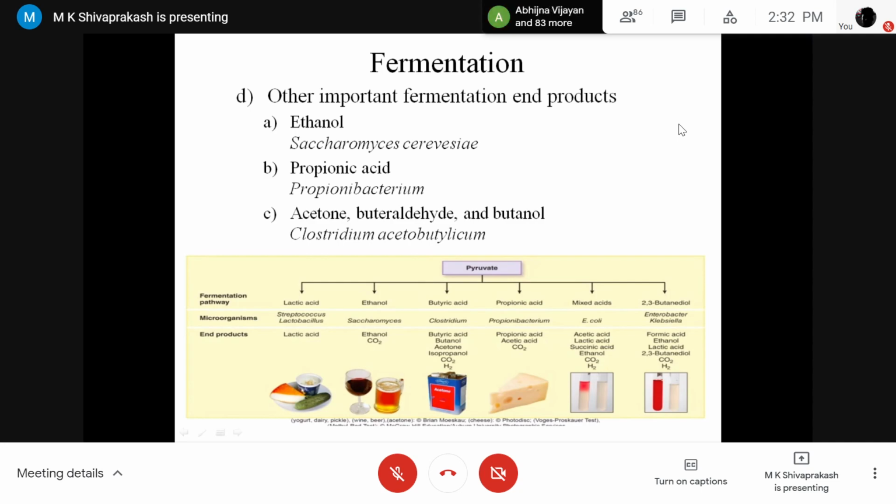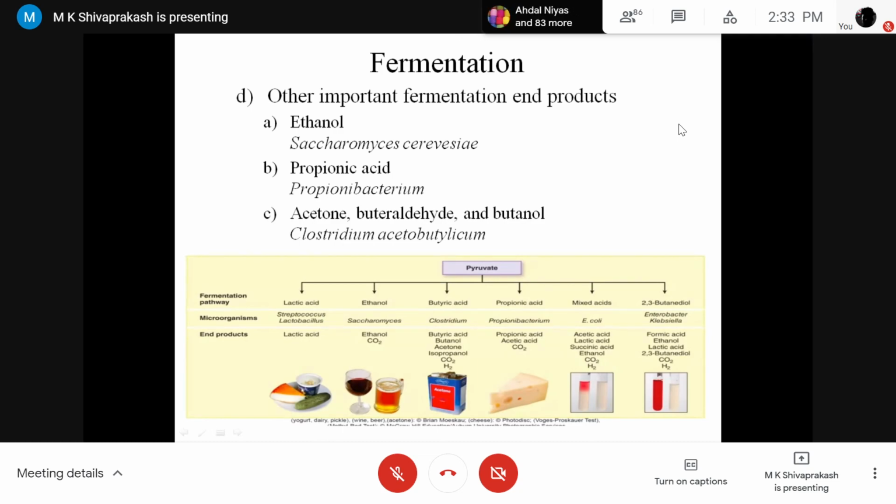All these things. Then propionic acid, I have already told you, is used in the preparation of a kind of cheese, that is Swiss cheese. Then mixed acids, which is fermentation by E. coli, is used in a biochemical test called the methyl red test.